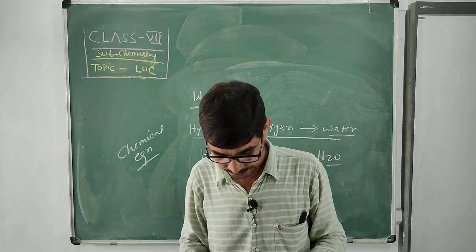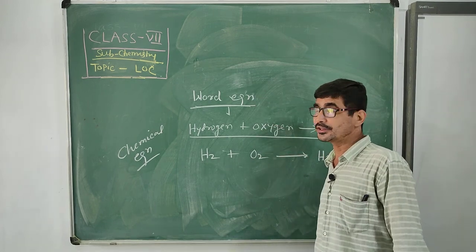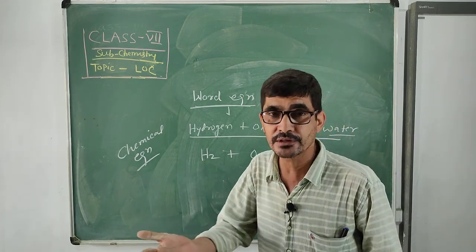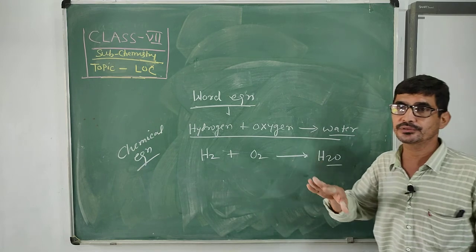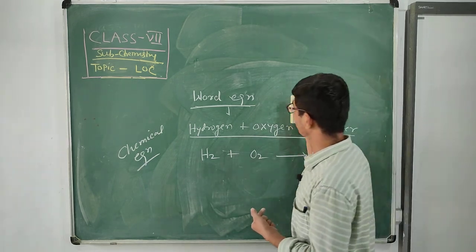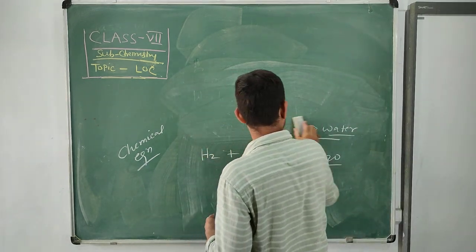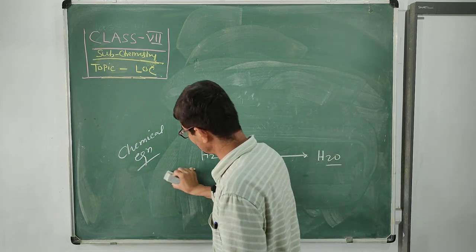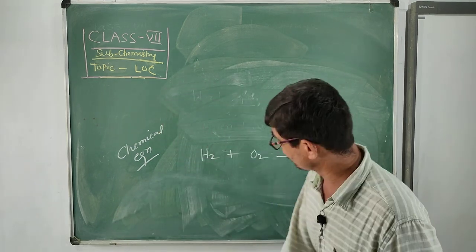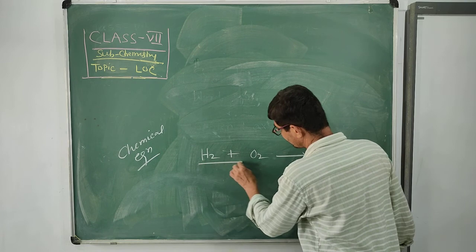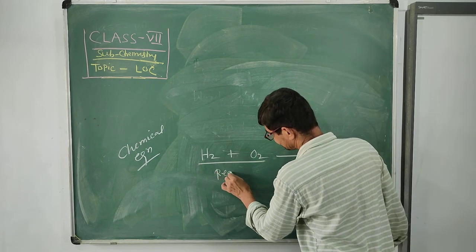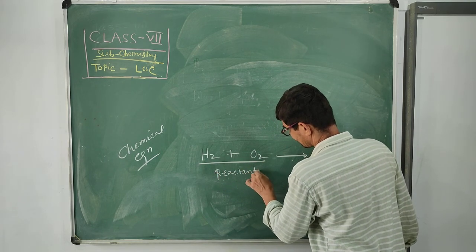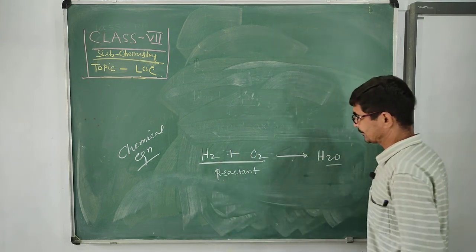It is not balanced. So again one question arises here: what is a balanced chemical equation and what is an unbalanced chemical equation? Now I am just going to explain. This part is called reactant.